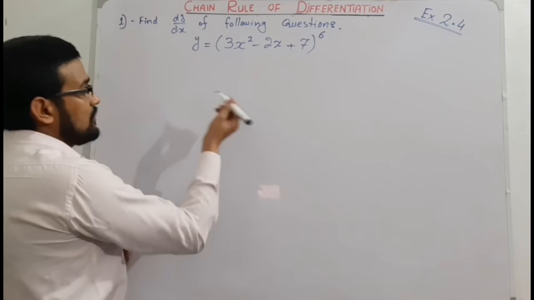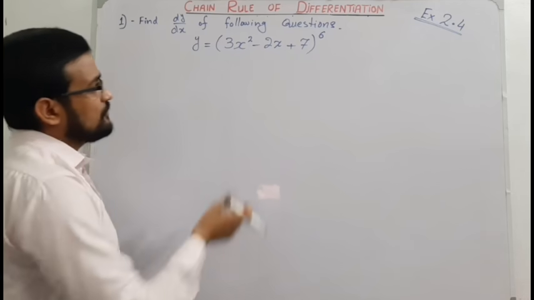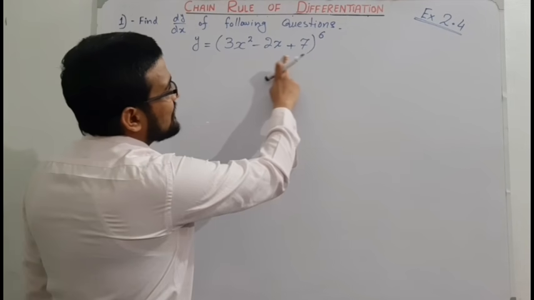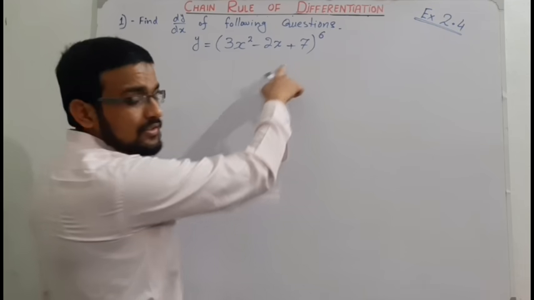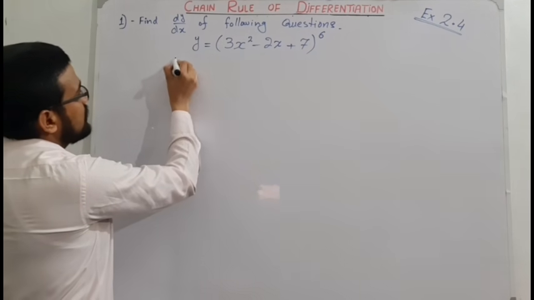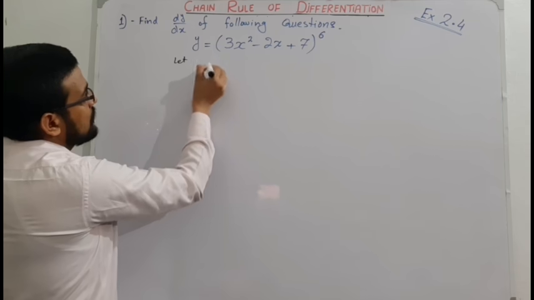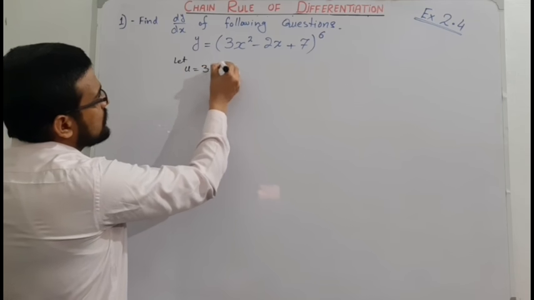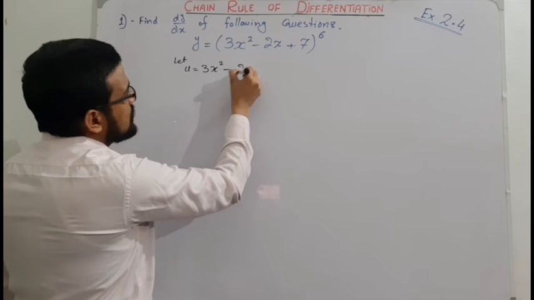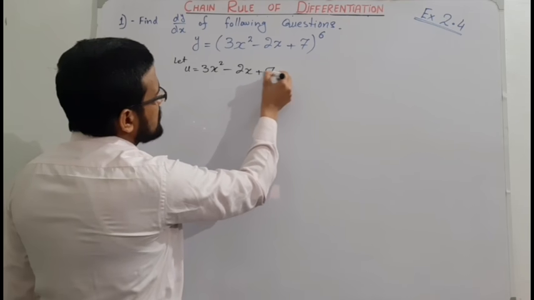It means according to chain rule, first of all we let this internal function, u is equal to 3x square minus 2x plus 7.